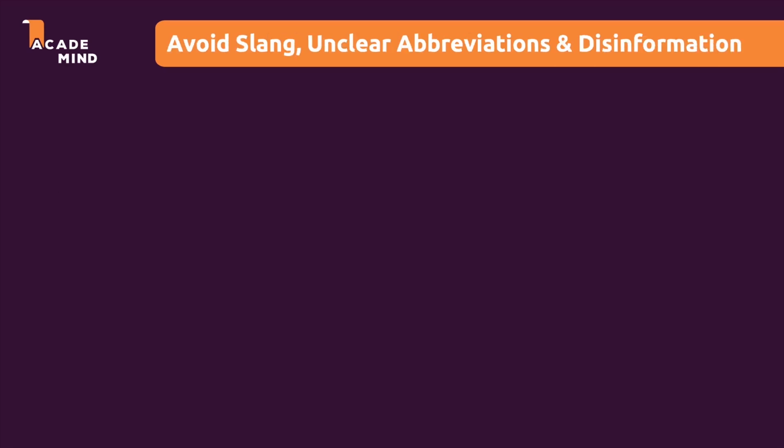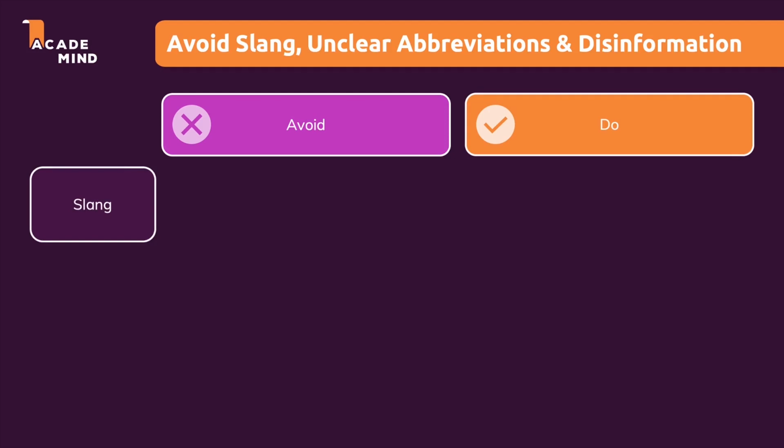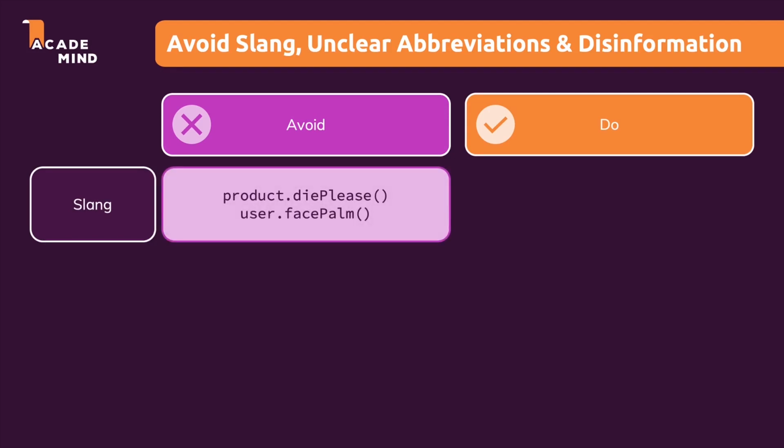Also, avoid slang, unclear abbreviations, and disinformation. You want to avoid slang like this, for example. It might be funny to you, it might make sense to you, maybe also to you and your team, but overall it's not too helpful.